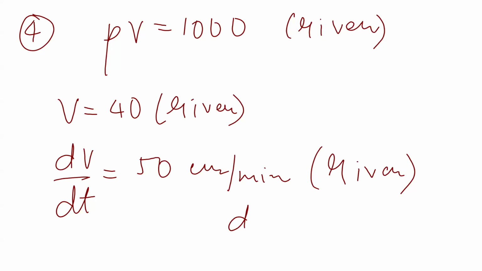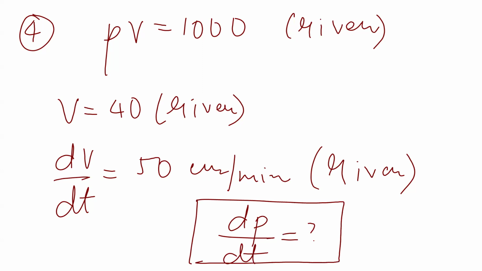So they're asking dP by dt when the initial volume is 40. PV is equal to 1000 is given. Initial volume is 40. Volume increases at a rate of 50 centimeter per minute, so dV by dt is 50. They're asking for the rate of change of pressure, dP by dt.